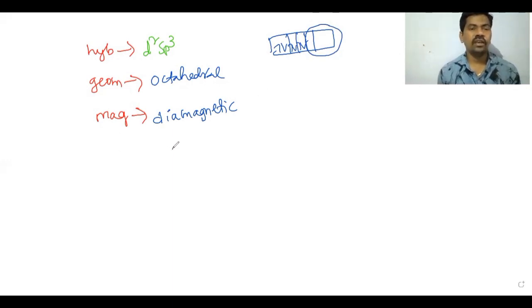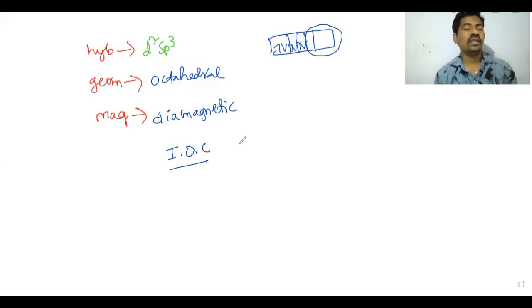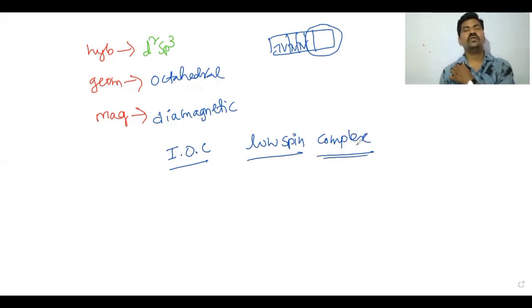It is also an inner orbital complex, and as there are no unpaired electrons, it is a low spin complex. So like this, you can find out the geometry, hybridization, and magnetic nature of any coordination complex depending upon the nature of the ligand, whether strong field or weak field.